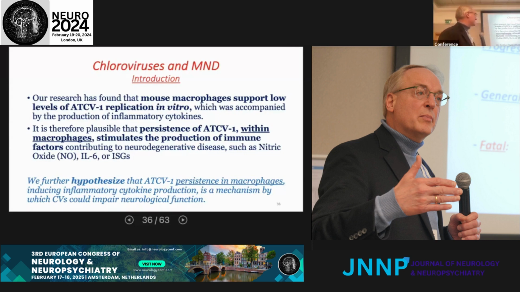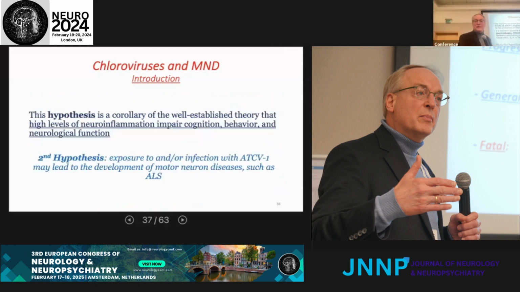So we hypothesize that the ATCV-1 persistence in macrophages inducing the inflammatory cytokine production could be a mechanism by which these viruses could impair neurological function. This hypothesis falls on a corollary of the well-established theory that high levels of pro-inflammation impair not only cognition, but behavior and neurological function, leading us to our second hypothesis that this virus may play a role with ALS.